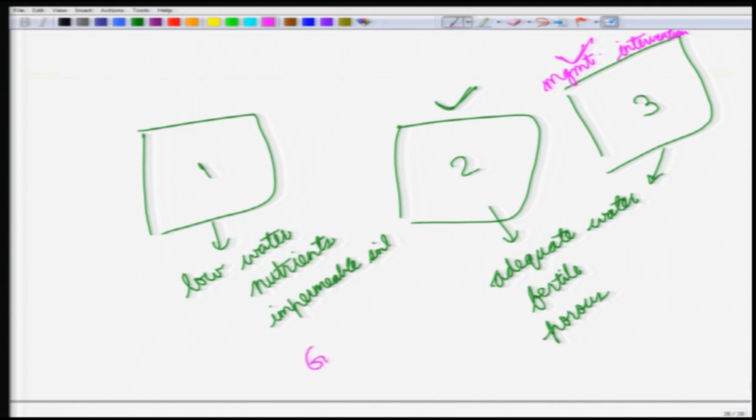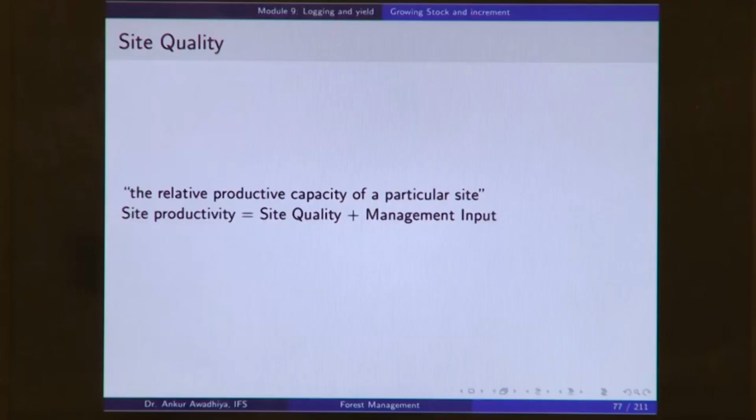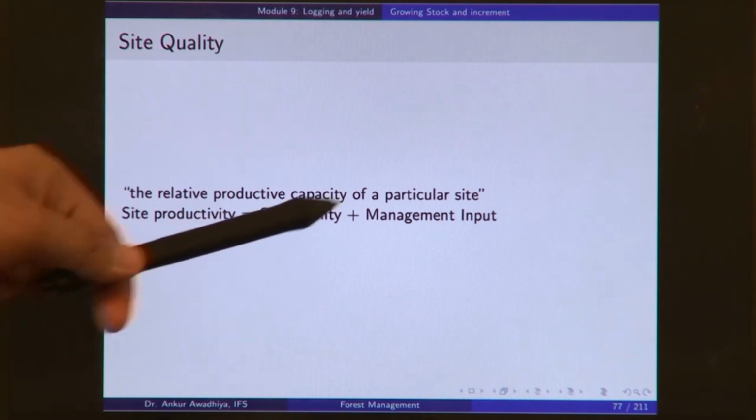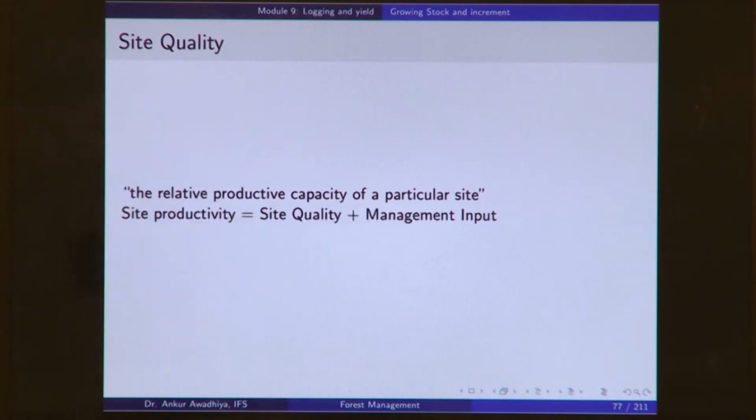So, the growing stock in 3 will be greater than the growing stock in 2, which will be greater than the growing stock in 1, because site 1 is having the least intrinsic productivity. So, when we talk about site productivity, it depends on the site quality and the management input.